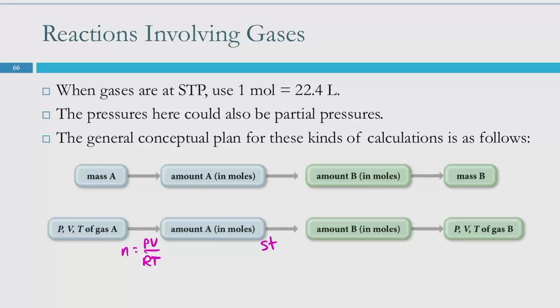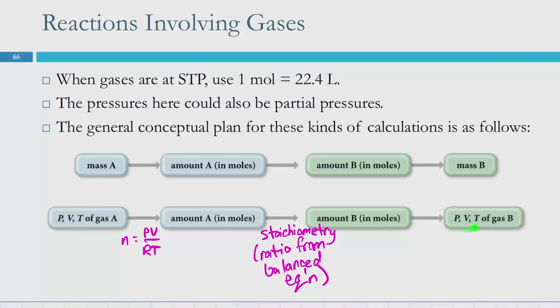We'll still be doing a stoichiometry step in the middle, or ratio step, from our balanced chemical equation. And then that'll get us to an amount in moles of some other gas. And then we can calculate pressure, volume, or temperature, whatever we want of that gas, using PV equals nRT.